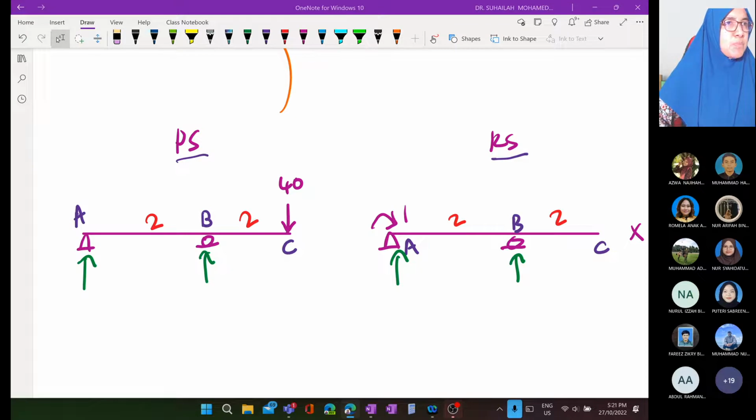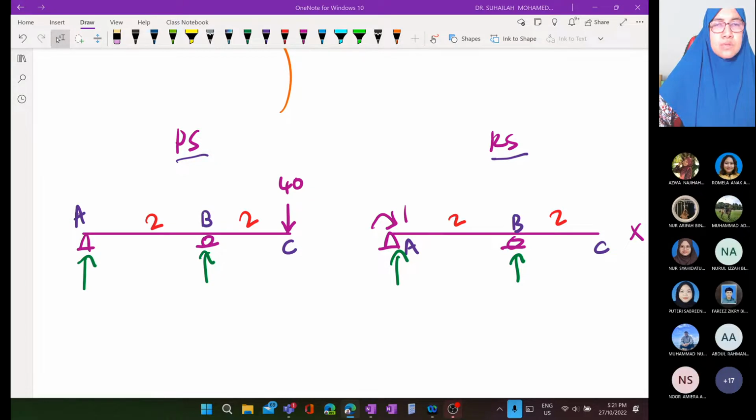You need to snap your calculation of the reaction and upload it in Teams here.